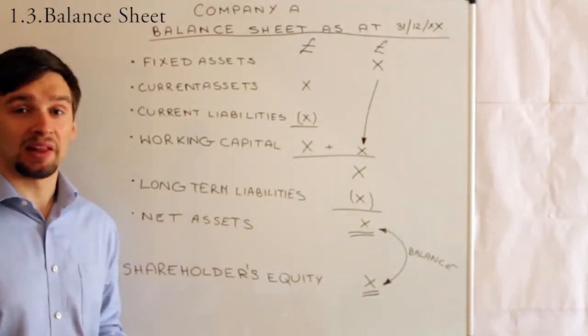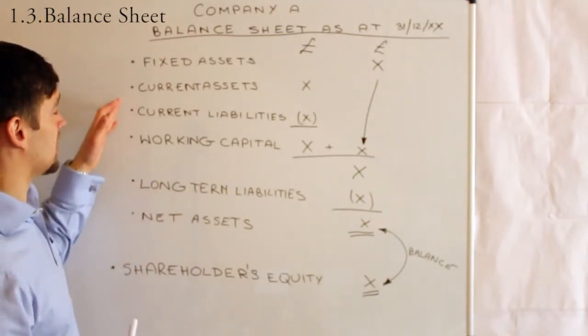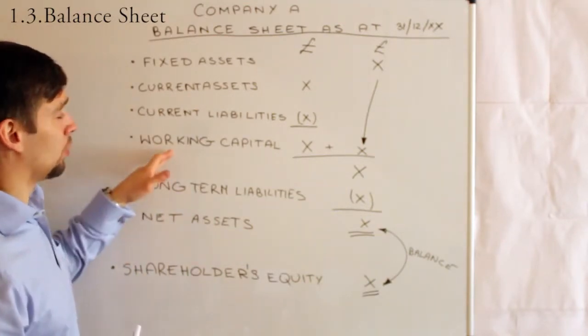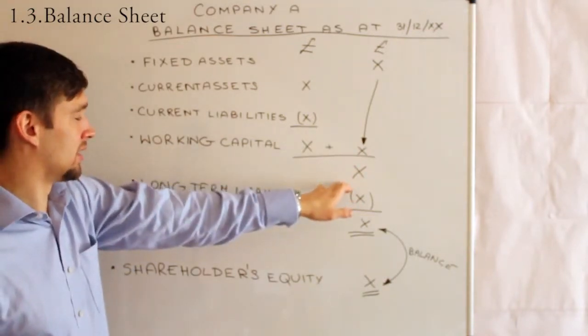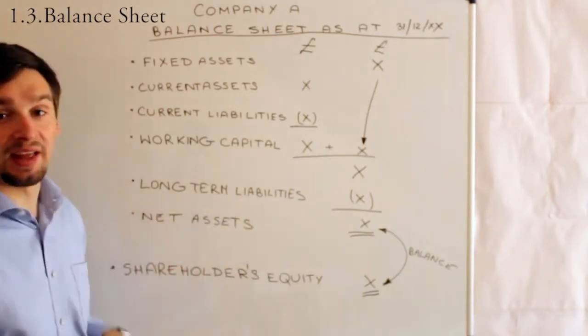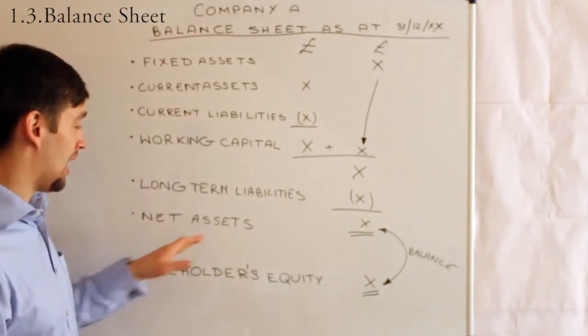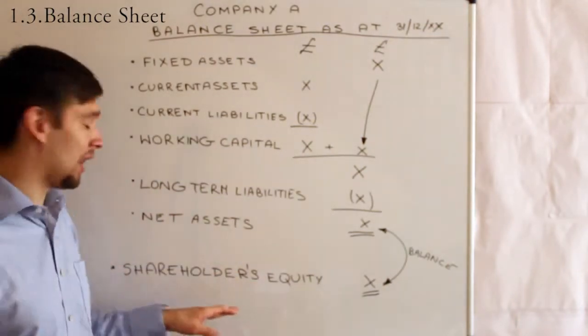This format of balance sheet shows the fixed assets, then current assets and current liabilities giving the working capital, and in addition to fixed assets we then need to deduct the long-term liabilities to give us the net assets of the company, and the net asset value should always balance to the shareholders' equity.